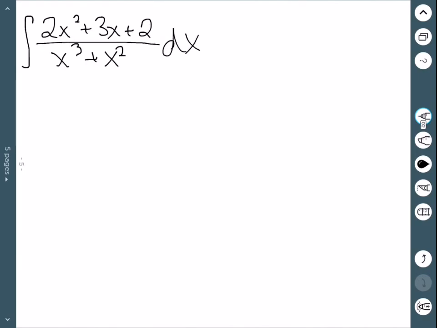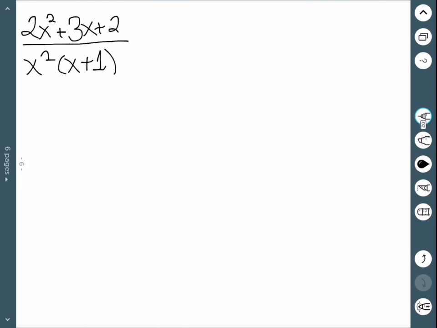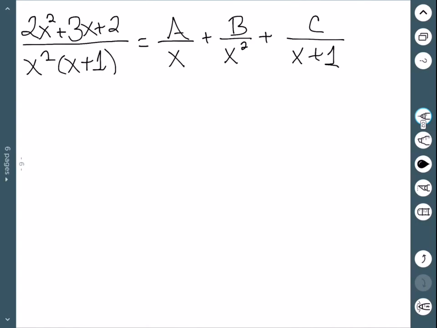Our second example: if we look at the denominator, once again we can factor out an x squared, and I'm left with x plus 1 this time. Using that, we can set up our partial fraction decomposition. Because the x term is squared, we'll have an A over x and a B over x squared, and then we also have the C over x plus 1.